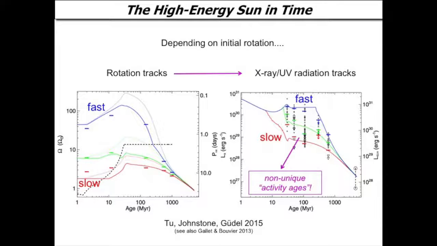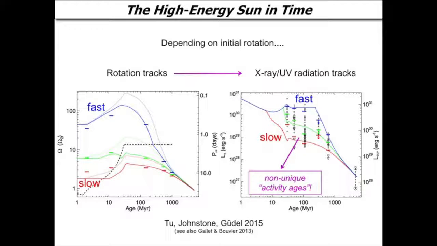So if we want again to put this into rotational evolutionary tracks, for example, we have the fast rotators on this track, again age against rotational period, intermediate rotators in green and slow rotators in red.